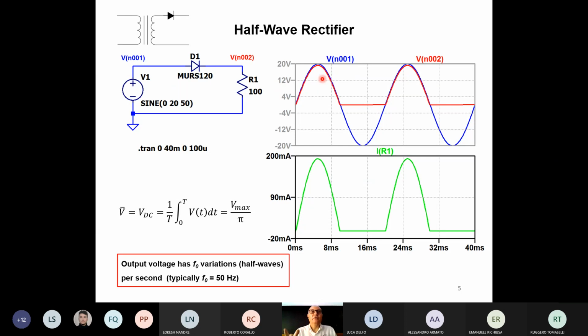So in this case, I can neglect the voltage drop of the diode. But if you have an output voltage which is much less, I must consider that the diode gives a voltage drop, okay? So every time we must consider whether we can make the approximation or not.